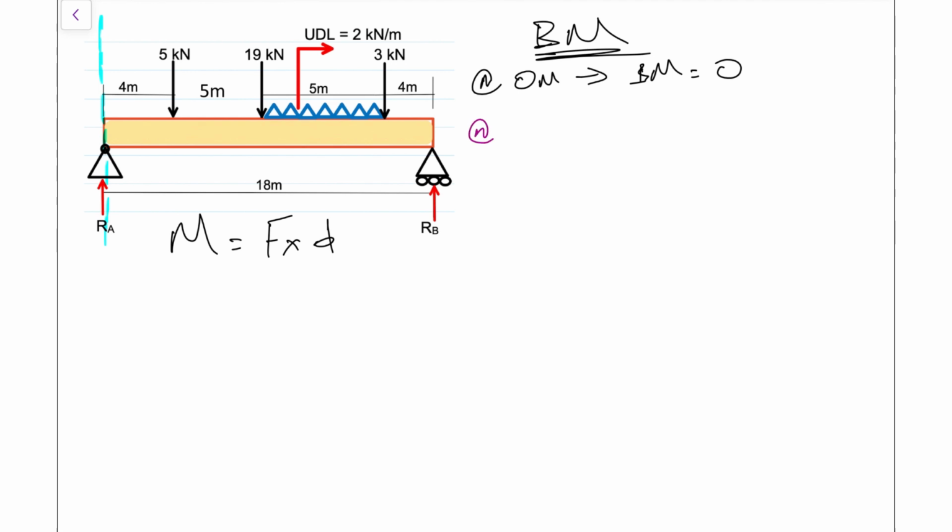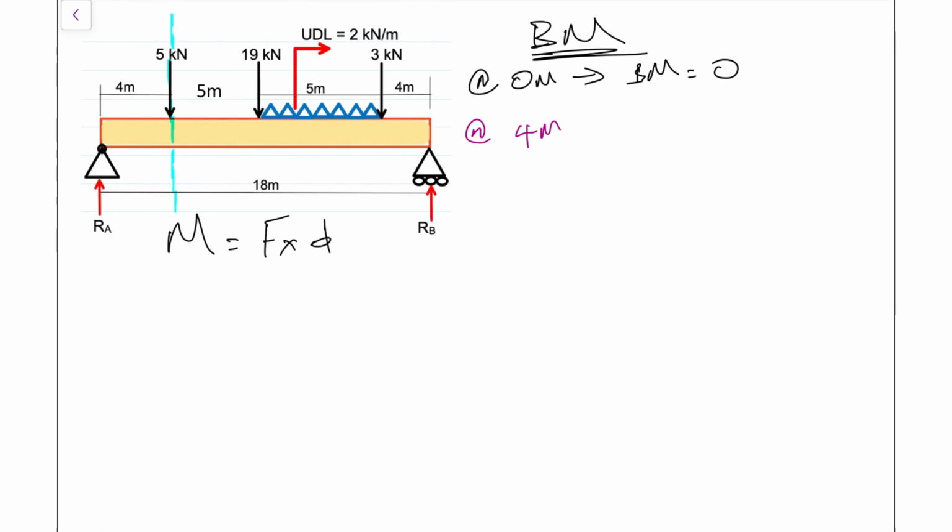So at 4 meters, I'm going to draw that blue line once again so you can see all the forces to the left of the 4 meters. And there is only one force acting to the left of the 4 meters. And if you can already see that it's the reaction force, then you're in business and you understand what's happening.